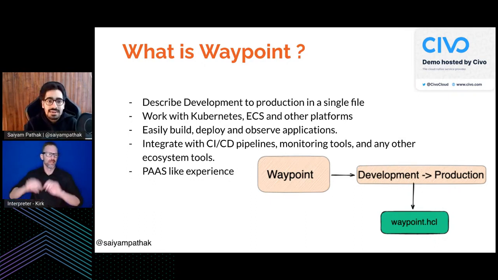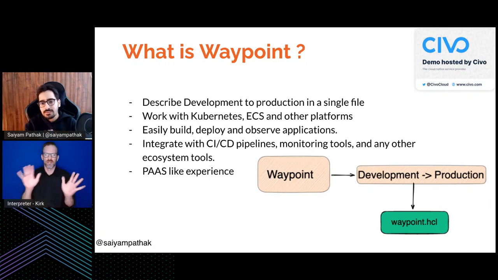It integrates well with the CI/CD ecosystem, like your GitLab CI pipelines, or it has a plugin-based system, so you can bring your own external plugin and any other ecosystem tools. It gives you a PaaS-like experience, because you just have to write a small file and everything is done.